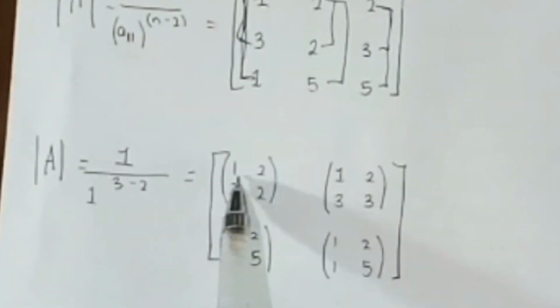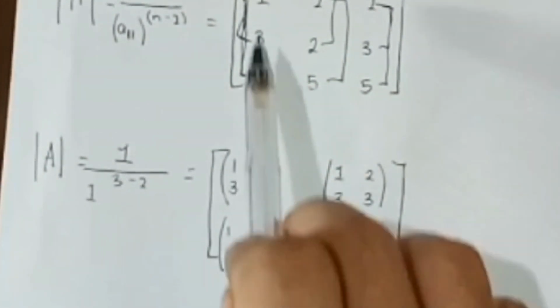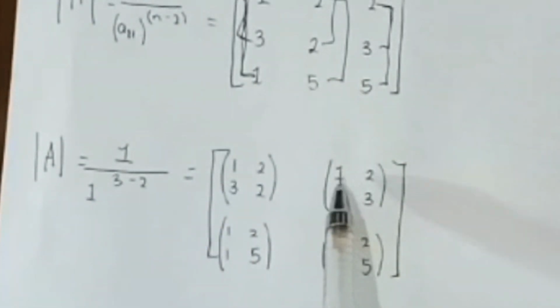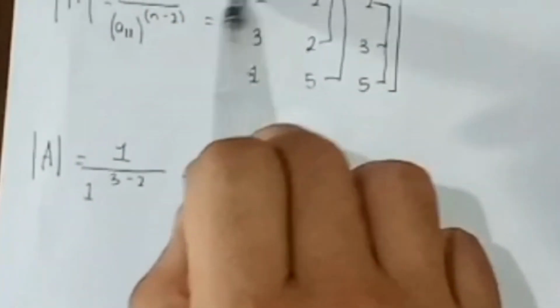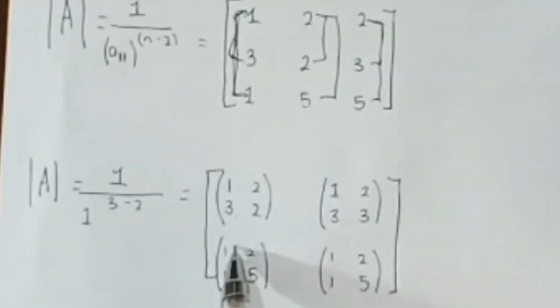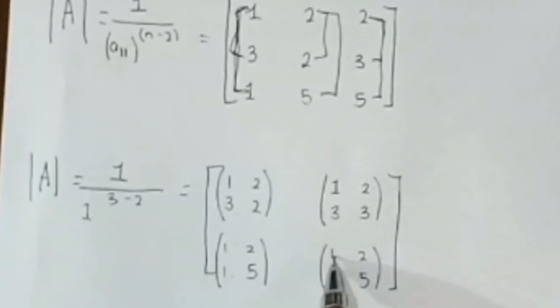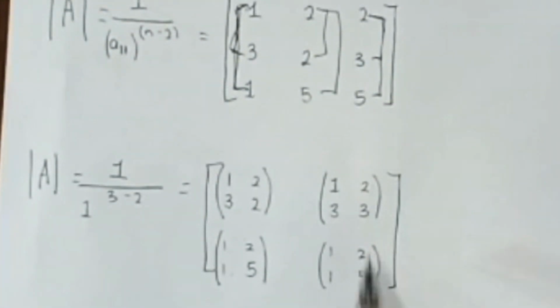Bali, kaya siya naging 1, 3, 2, 2, 1, 3, 2, 3, then 1, 1, 2, 5, 1, 1, 2, 5.